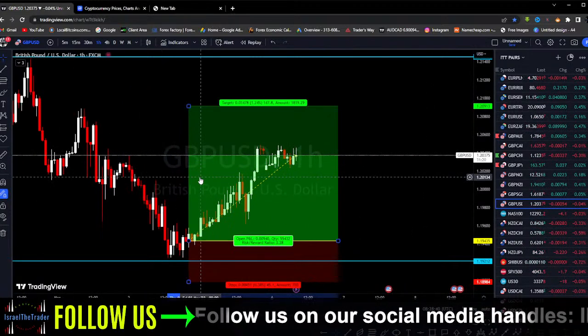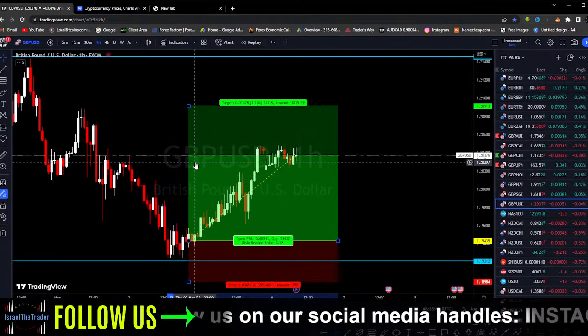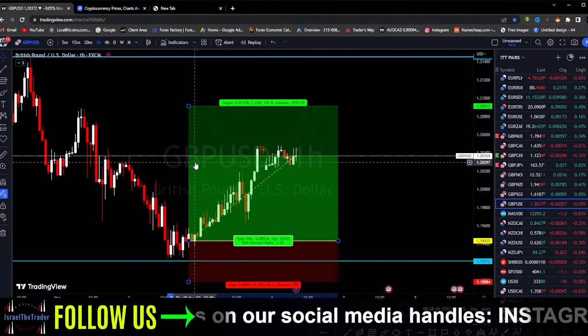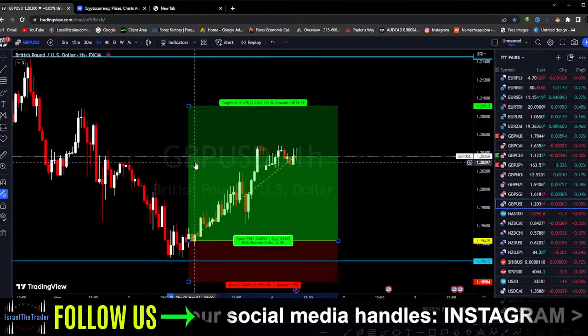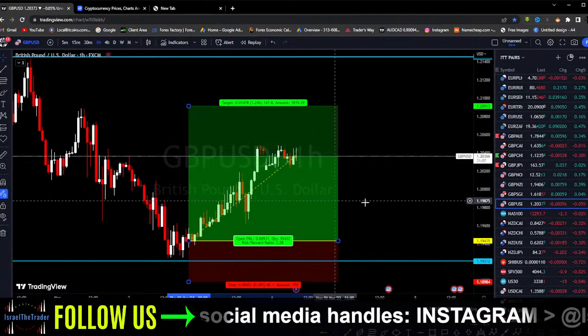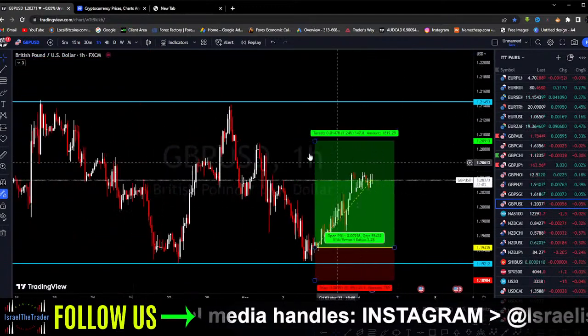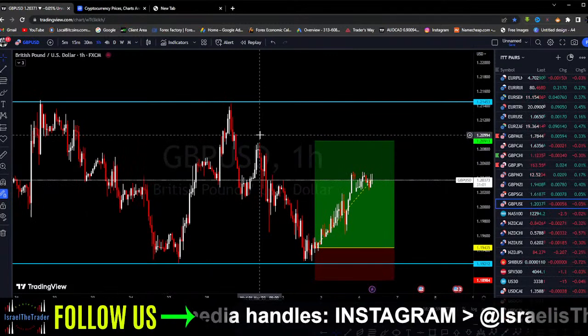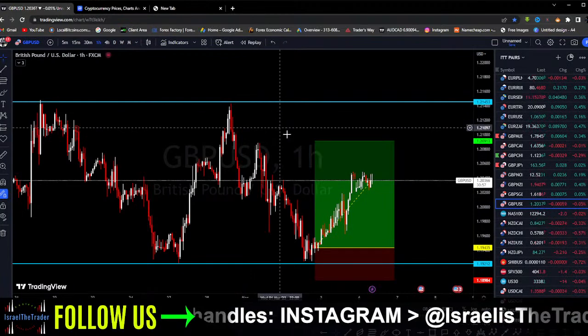As I said, I am buying this particular pair. Yeah, I'm already in a buy, but this is not where I got in. We got in late when I did this analysis. I'm already in GBP/USD, guys.